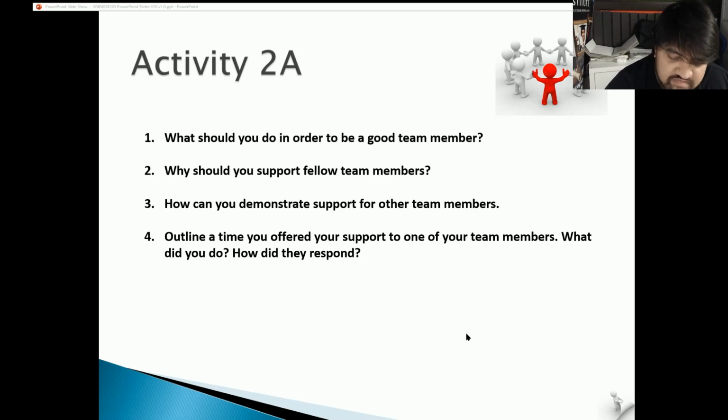So for you to support fellow team members, you ultimately want to have a fun and enjoyable workplace. If you don't support each other, you're not going to get that in your workplace, so you're not going to enjoy working. So ultimately, coming to work is not going to be something that you look forward to.